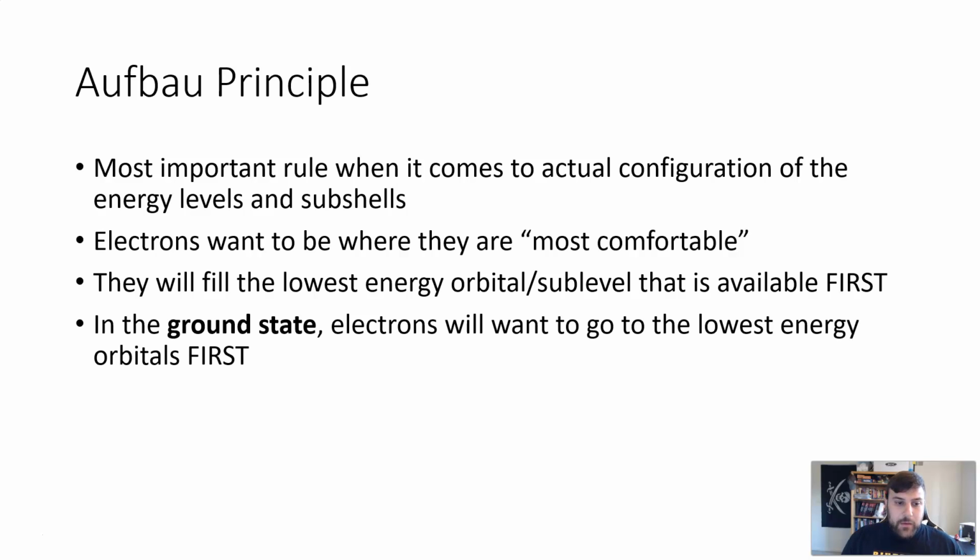So, in ground state, and remember we talked about ground state, electrons will want to go to those lowest orbitals first, where the atom is in its lowest possible energy arrangement, and that's where it'll start. Now, we've been talking about ground. We'll go into excited a little bit more this week.